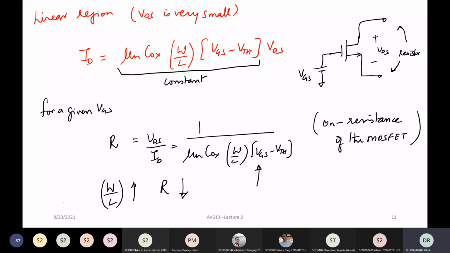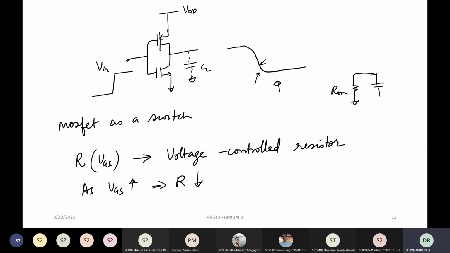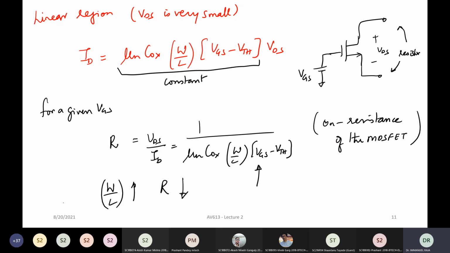What will you do? Either you increase the VGS or you increase your W by L ratio. So if you want a low on resistance switch using a MOSFET, you design a switch which has a large W by L ratio, and obviously you will end up with a low resistance switch. All right, so a MOSFET acts as a very good switch.